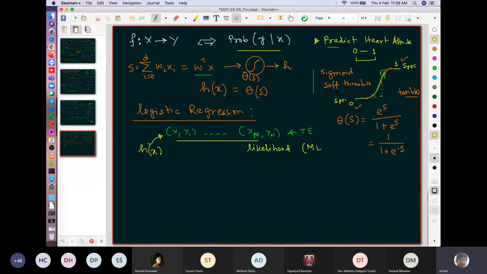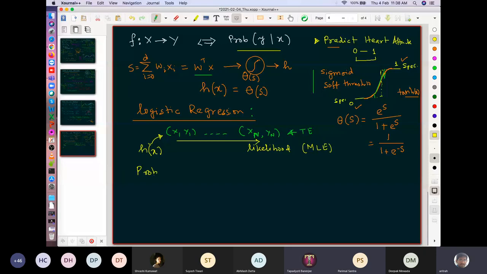Remember maximum likelihood estimation, that I want to find some theta that maximizes the probability of how my data will behave. Yes or no? Remember this?